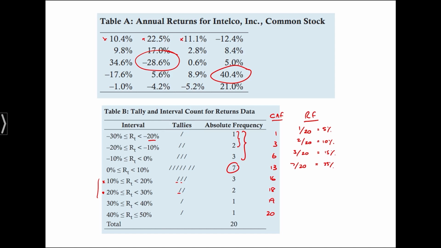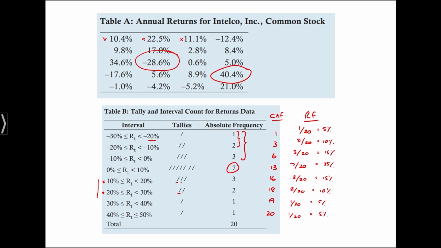Then we go back to 3 observations again, which is 15%. 2 observations in the next interval, which is 10%. And then 1, 5%. And 1 observation in this interval, which is 5%.